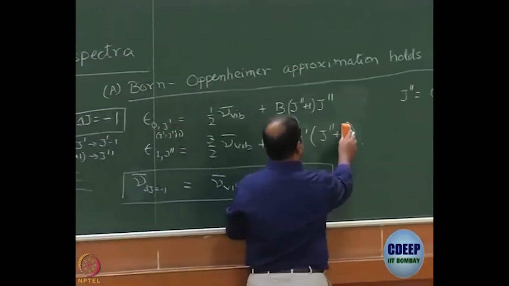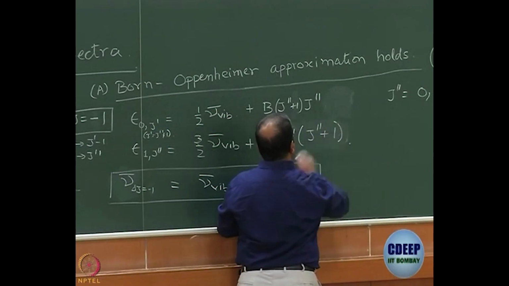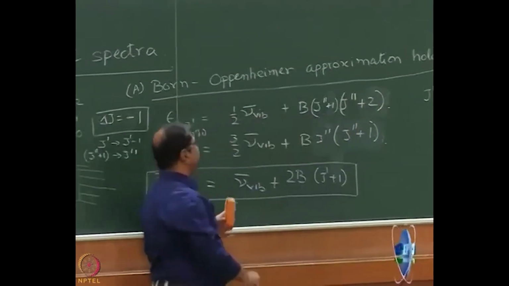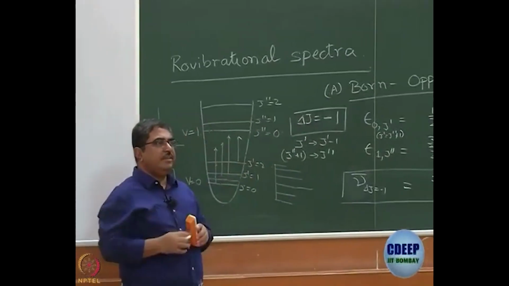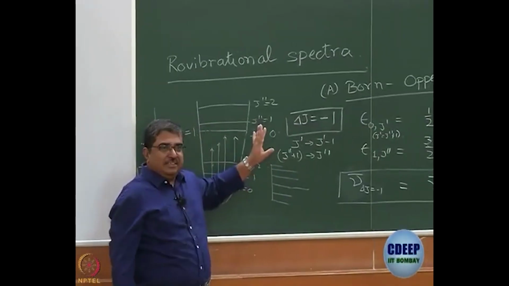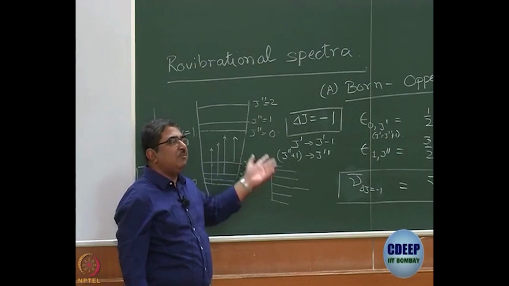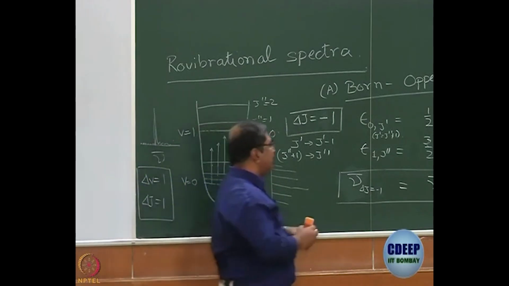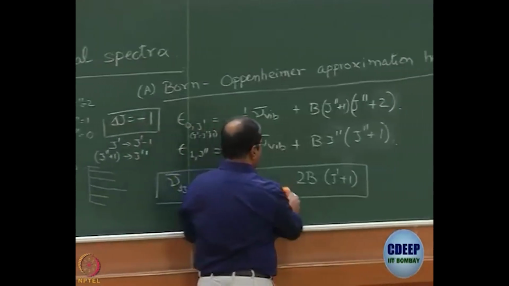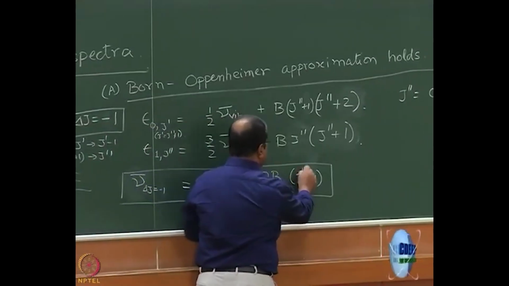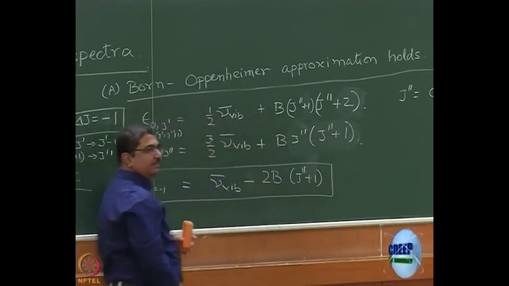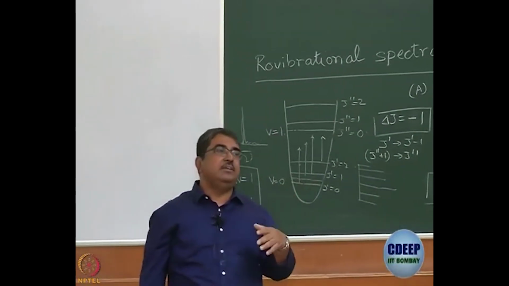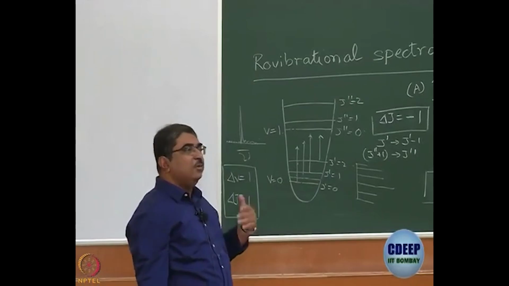This is J double dash plus 2. You are right. Is this expression correct? Now, when I subtract one from the other, what do I get? I get something similar. Here, the only difference is this becomes J double dash, this becomes minus, and the range remains the same as what the range was for J dash, 0 onwards.